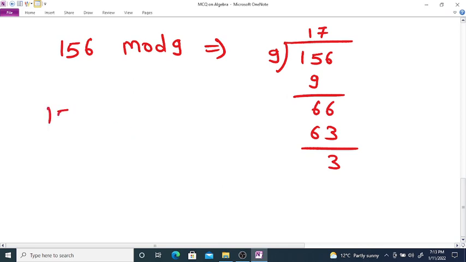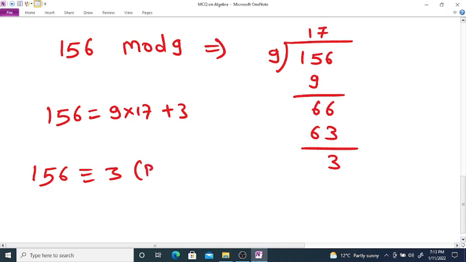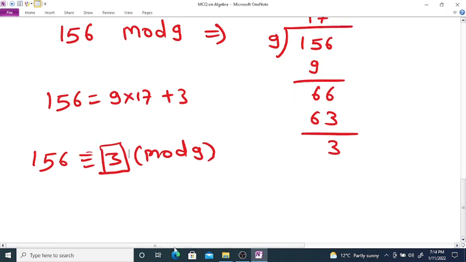That is, 156 is equal to 9 into 17 plus 3. So here the remainder is equal to 3, and therefore 9 into 17 plus 3 is equal to 156. So 156 is congruent to 3 modulo 9. So the answer is 3.